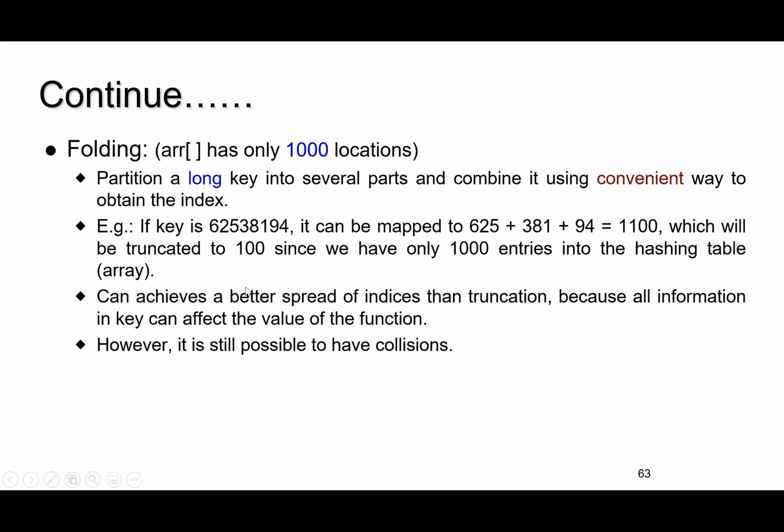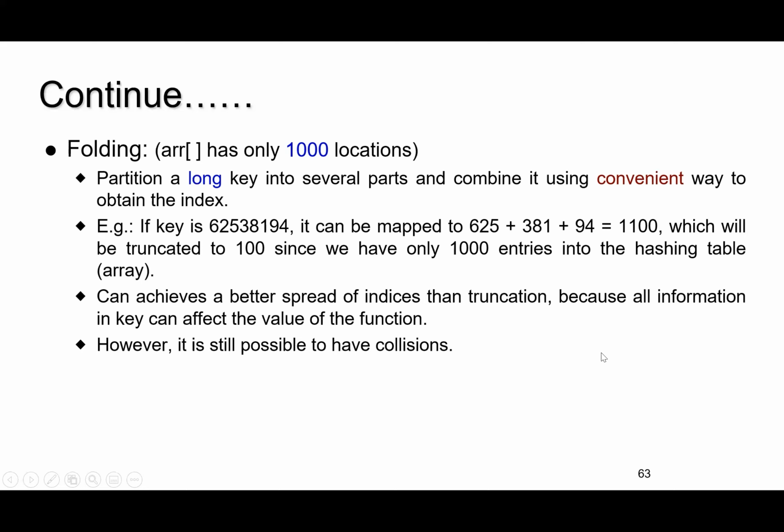So this folding is actually better than truncation just now, because you will use every part in your key to generate the hash value or the index value. So the probability of getting the same index should be lower compared to truncation just now. But still it's possible to have collisions as well if you use folding.